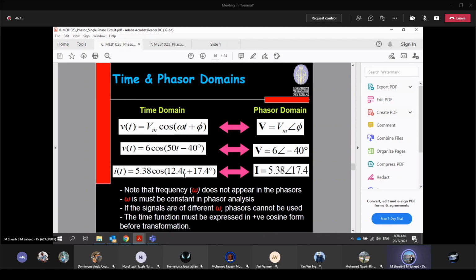If you have sine, you need to change it to cosine. How to do that? You have learned it in additional mathematics, trigonometry, sine and cosine identity. So you need to recall that for this purpose.